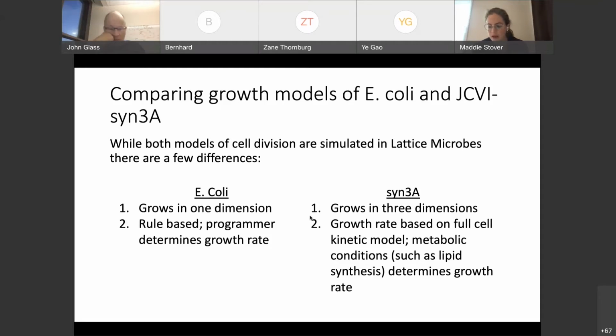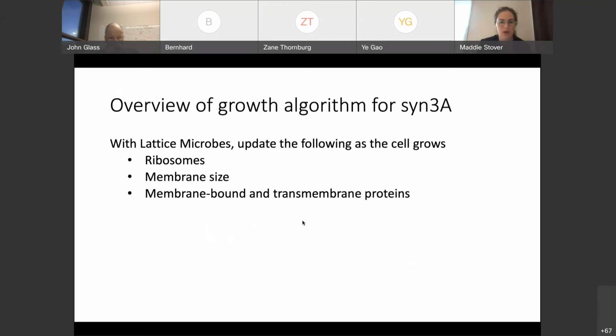So in other words, in this model of E. coli growth, the programmer decides the rate at which the cell is going to grow, whereas our growth of SYN3A is dictated by metabolic conditions such as lipid synthesis and the corresponding growth in cell surface area. So again, just to quickly review, to grow SYN3A, we have to update ribosomes, membrane size, and membrane-bound proteins.